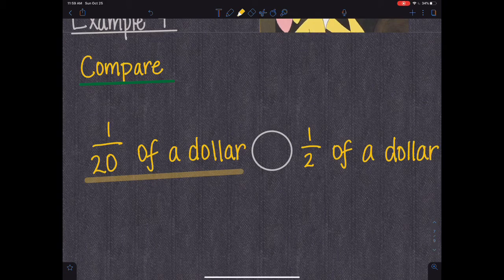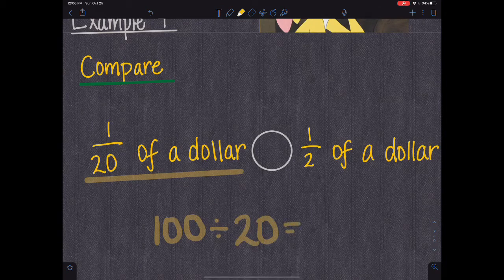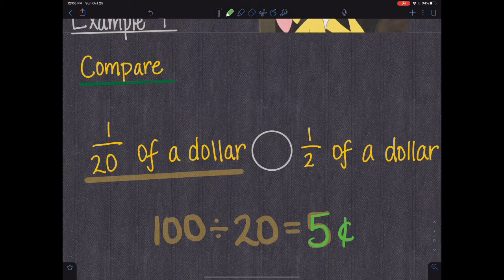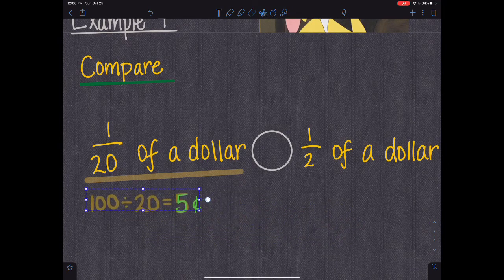If you take 100 cents and you divide it by 20, what do you get? If you count by 20s, you can go 20, 40, 60, 80, 100. And you can figure out that there are actually 5 groups of 20 in 100. So when we're talking about 1/20th of a dollar, we are only talking about 5 cents. That's not very much. So that is what goes on this left-hand side, 5 cents.